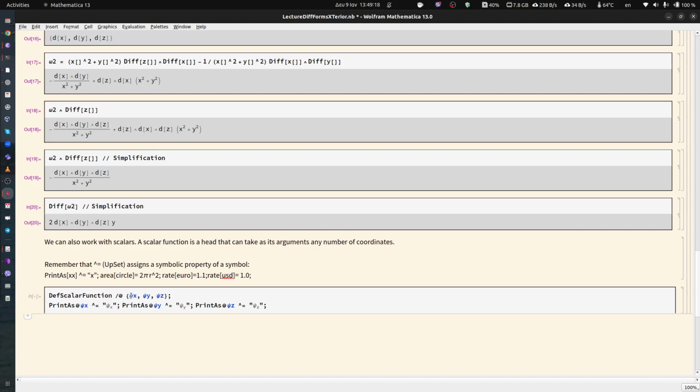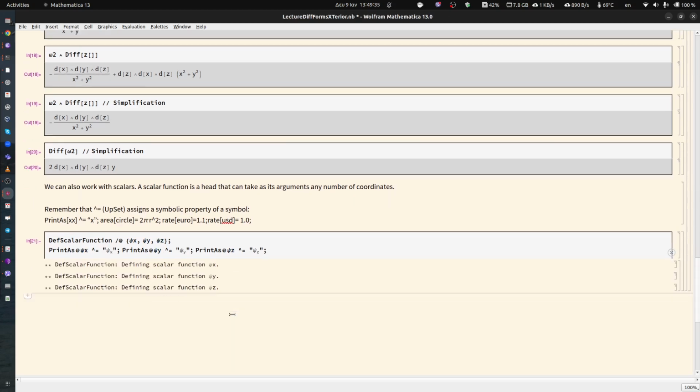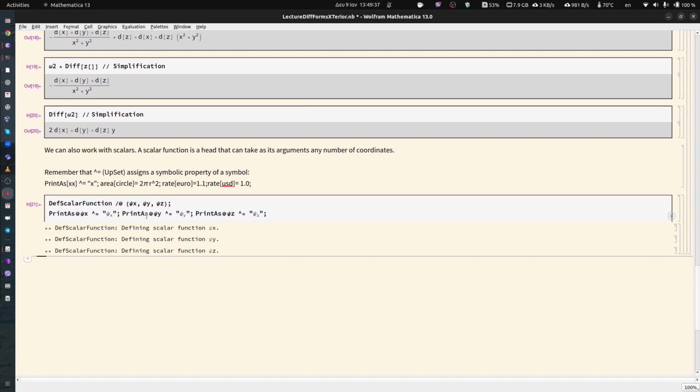So the symbol psi x will be printed as psi with subscript x, psi y, psi with subscript y, and psi z with psi subscript z. So after evaluating this cell, psi x and psi y and psi z can be used as scalars in expressions involving differential forms.